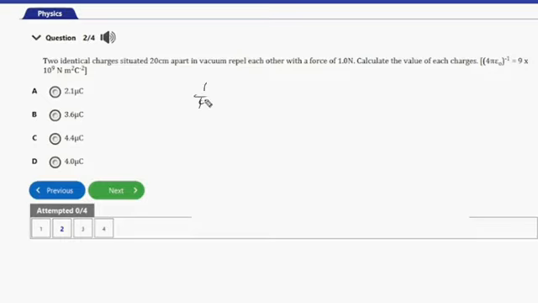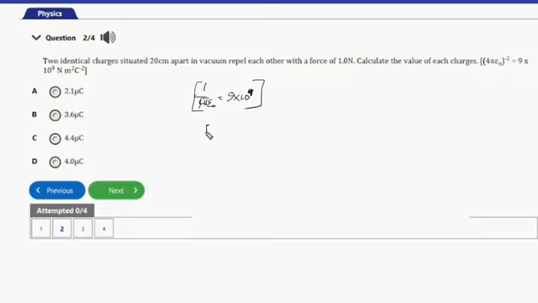Let's take 1/4 pi epsilon naught to be 9 times 10 to the power of 9. The options are A, 2.1 microcoulomb, B, 3.6 microcoulomb, C, 4.4 microcoulomb, and D, 4.0 microcoulomb. Let's solve this together.